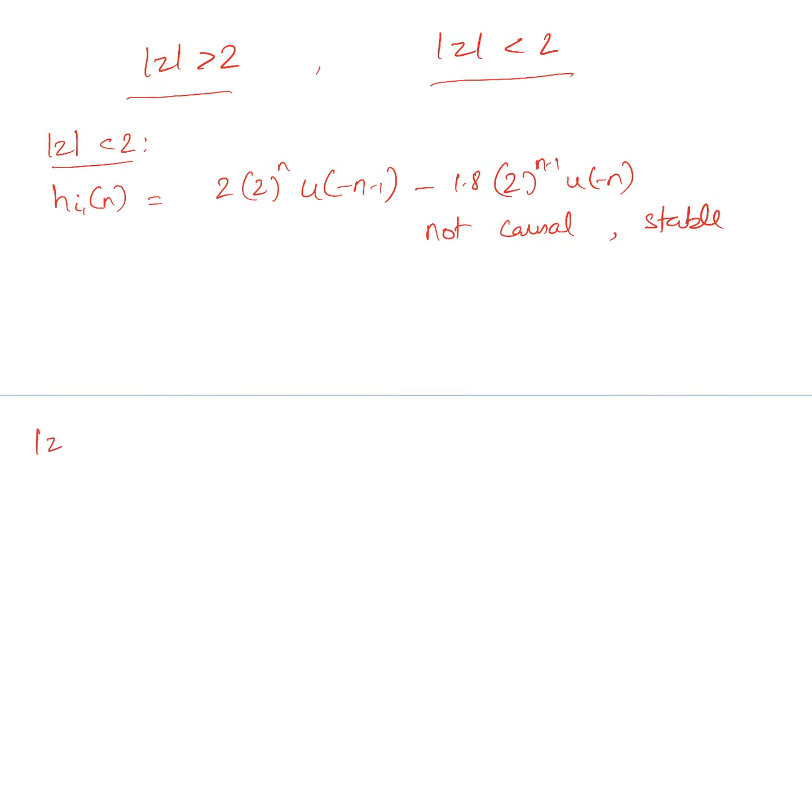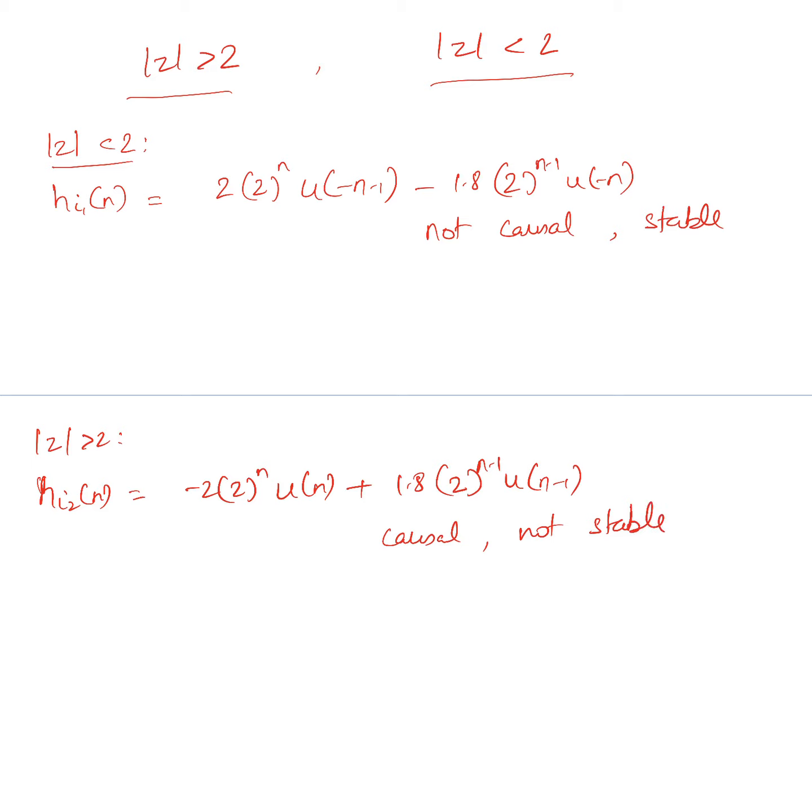Now if we choose the ROC mod z greater than 2, you have hi2 of n equal to minus 2 times 2 raised to the power n, and so on. So with mod z greater than 2, it is causal, obviously, but it is not stable, because the unit circle is not included.